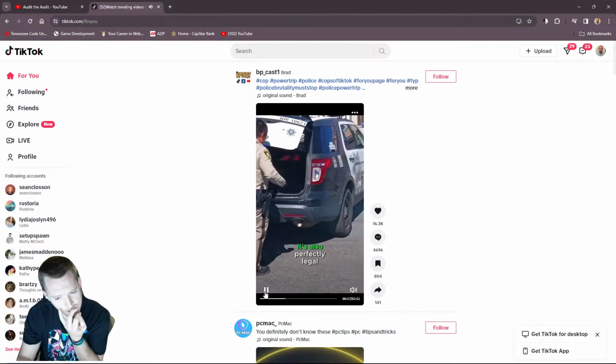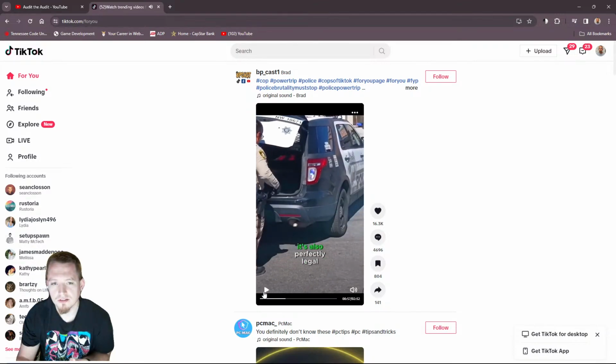Very insensitive. It's really not though, because especially with the way cops act nowadays, kind of like what you're doing, needlessly harassing a guy. Oh my God, he's got a camera. He's standing on his own grass, and he's got a camera. It's perfectly legal for him to film in public, which is where he's at.